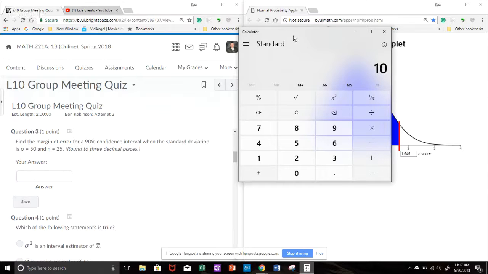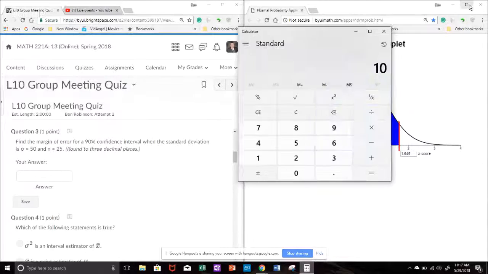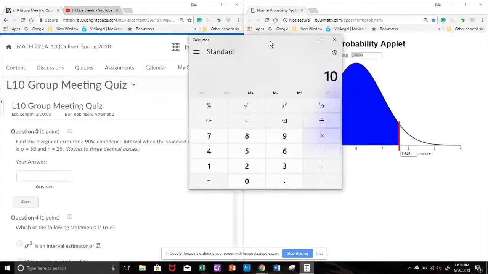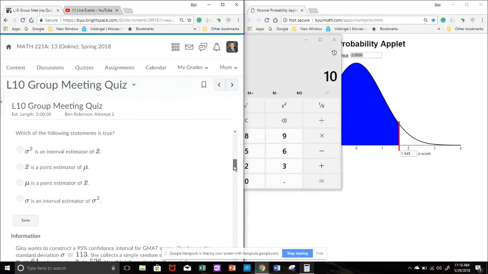So that's obviously 10. And then times that by the 1.645 z-score. And so that answer is 16.45. You agree? Okay. I agree with you.